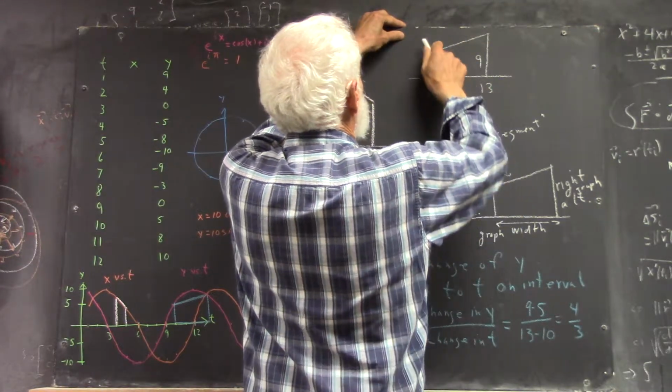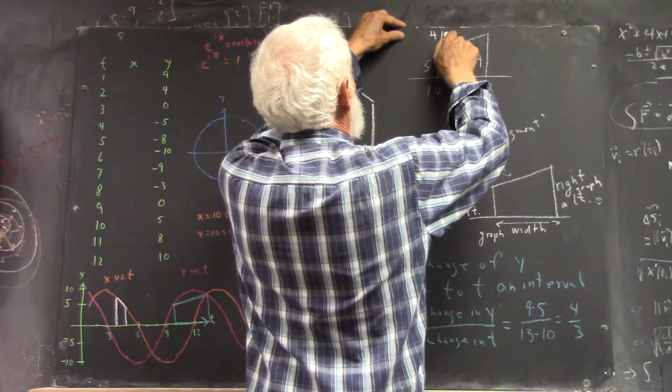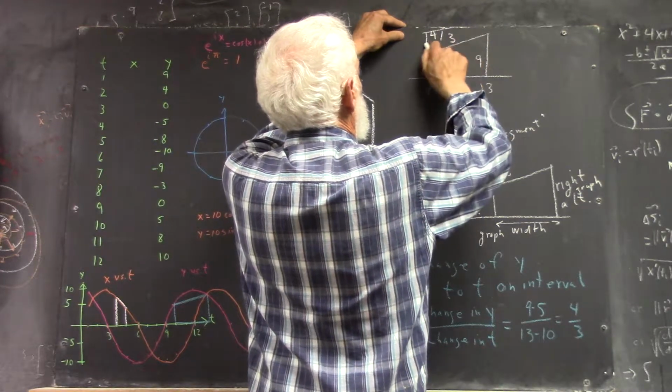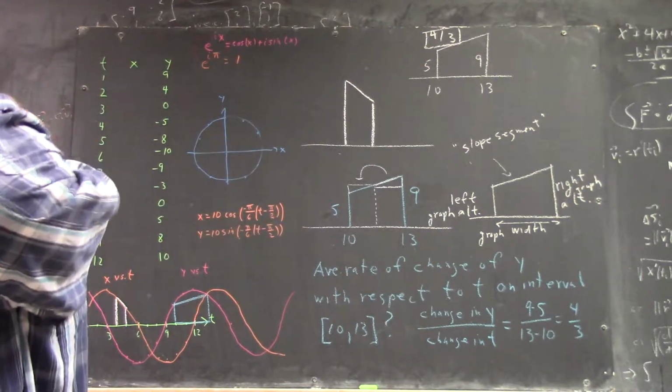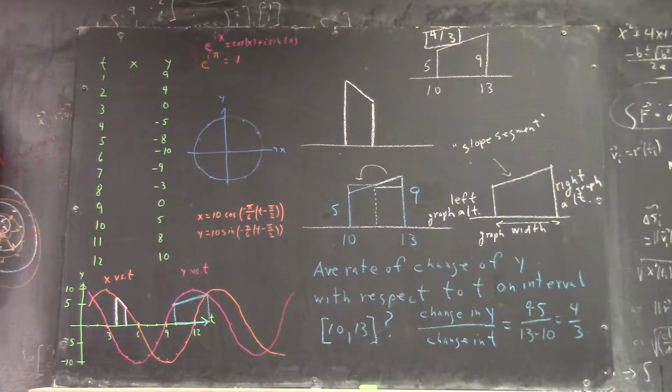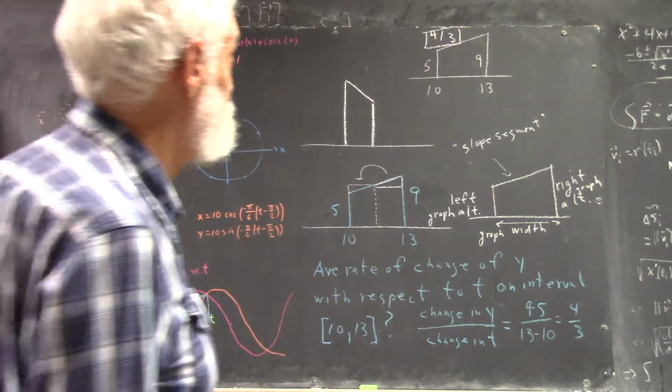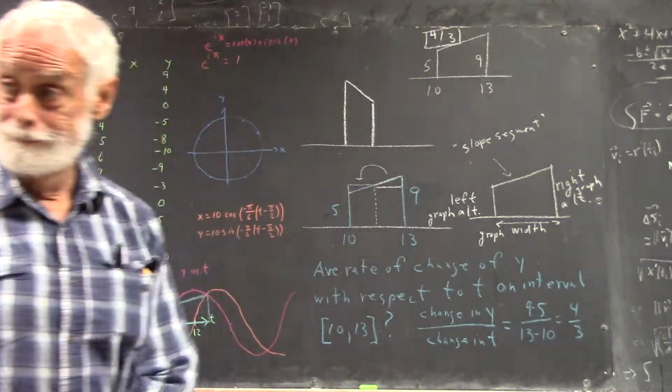The slope is 4/3, and I'm going to put that in a box up over the slope segment. Got that? I don't want to see that number without the rectangle around it.